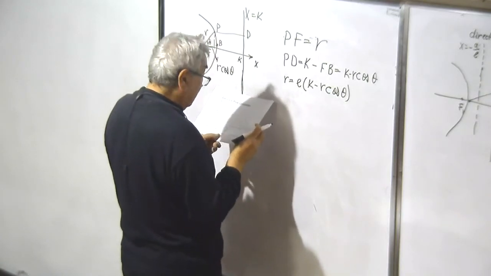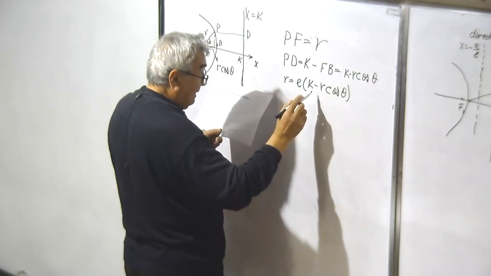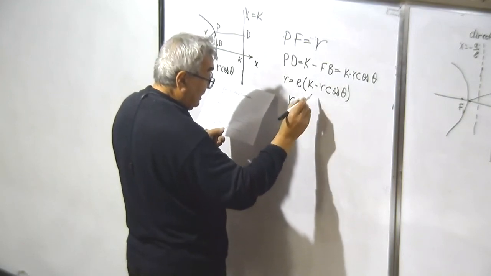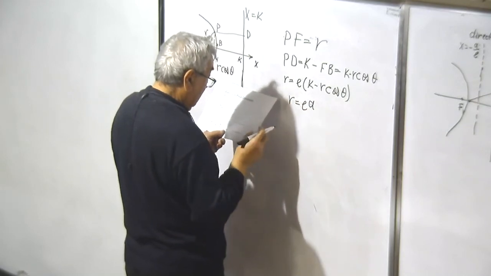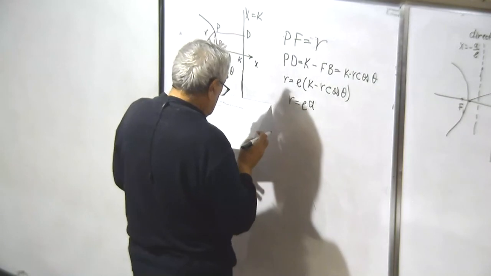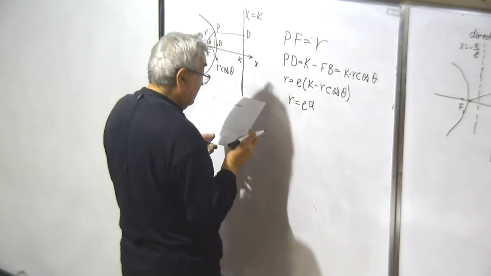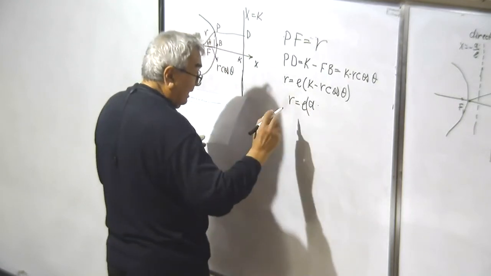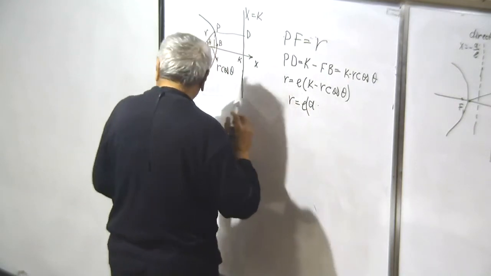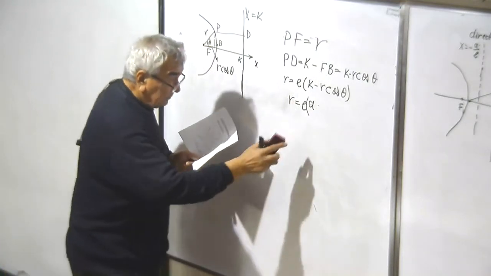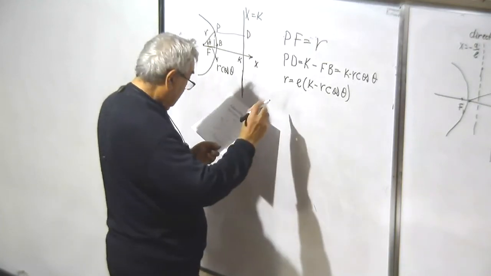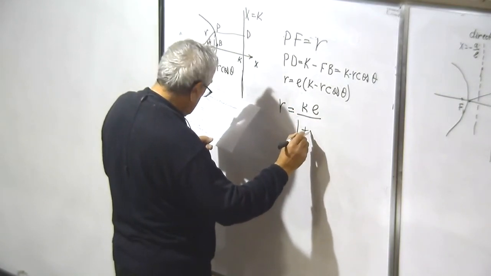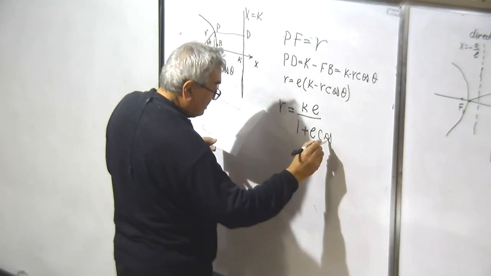After simplifications, solving this one for r, you reduce these equations to the following: r should be equal to k e divided by 1 plus e cos theta, where e is the eccentricity.